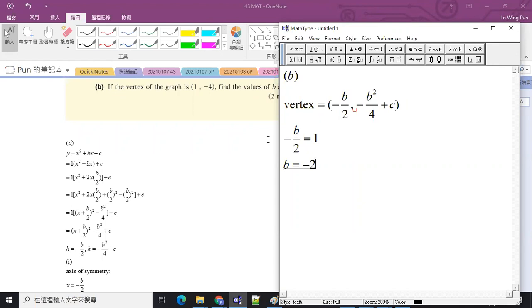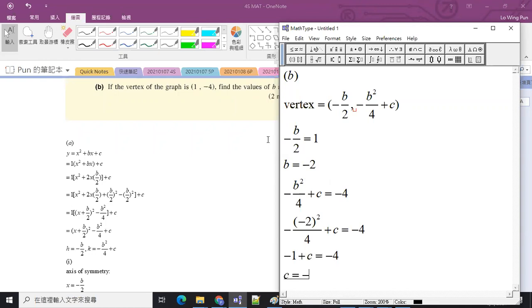Okay, and then when we compare the y coordinates of the vertex, our y coordinate is negative B squared over 4 plus C, but it is given to be equal to -4, right? Okay, and also we have already found the value of B. So it is -2 squared over 4 plus C equals -4. Okay, and that is -1 plus C equals -4.